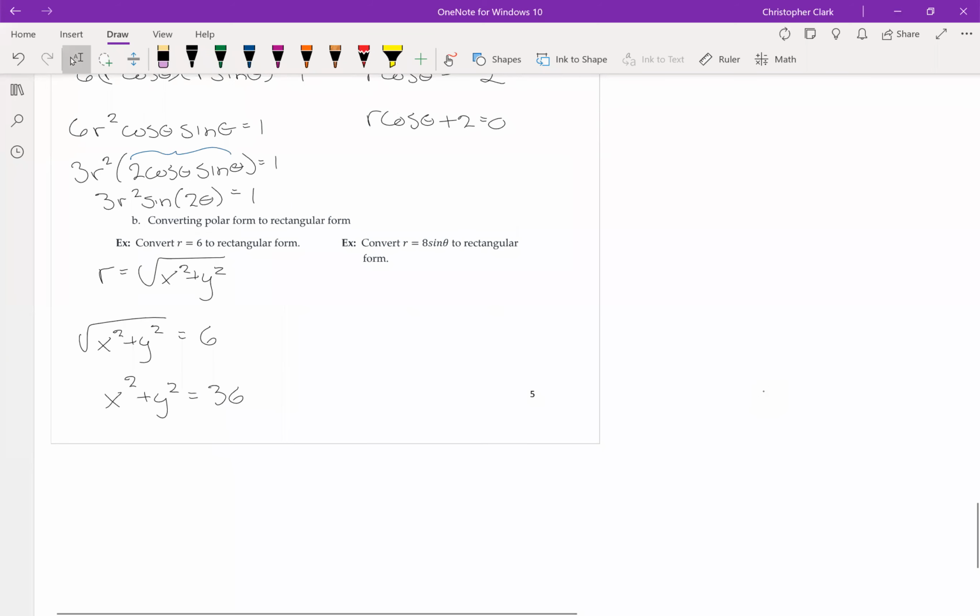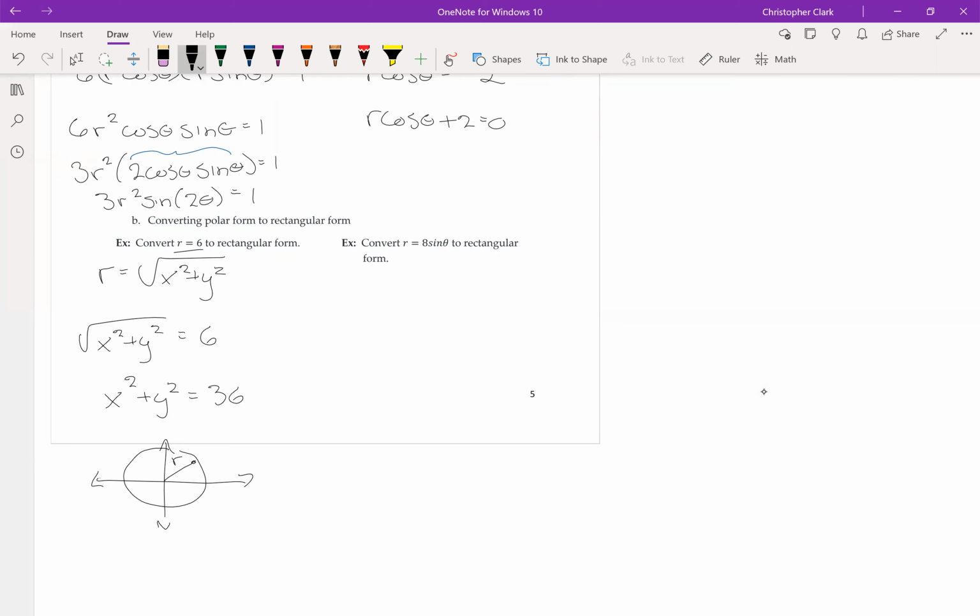Now you may recognize this as a circle with radius 6. And in fact, that is exactly what we have up here. So r equals 6 is just telling you that this is a circle of radius 6, and when we convert it into rectangular form, we get the same thing.